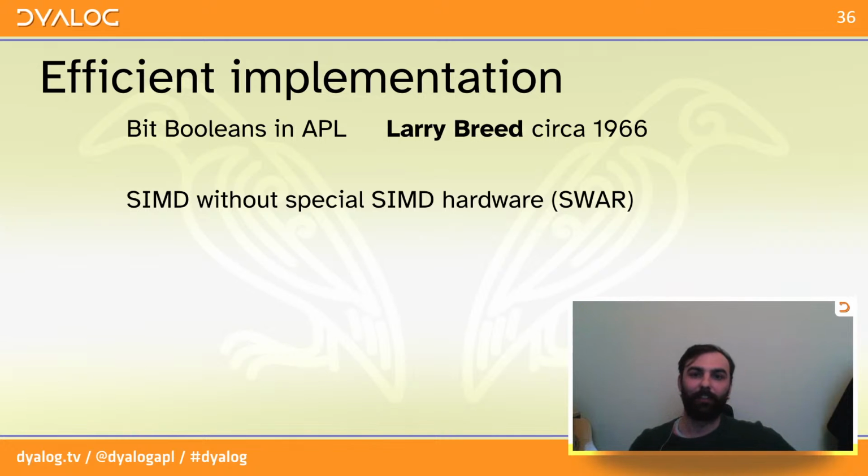With bit Booleans, you have all kinds of opportunities for performance improvements, but in particular, you can have what's called single instruction multiple data parallel processing without specific hardware for it, and that's called SWAR, or SIMD without a register.